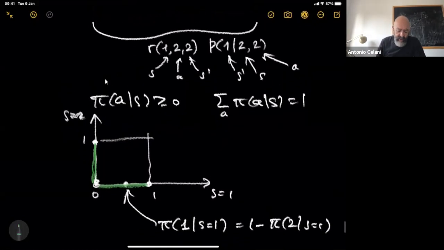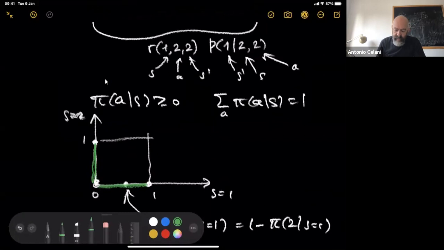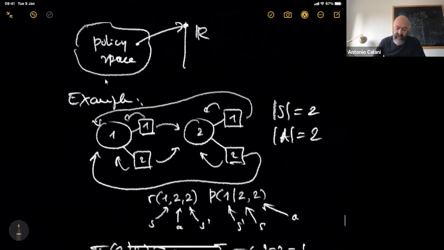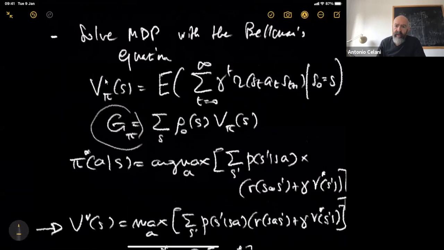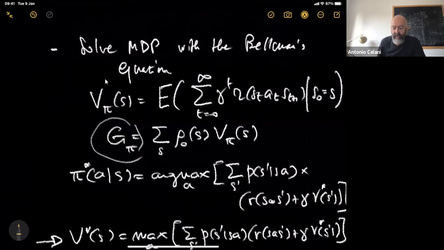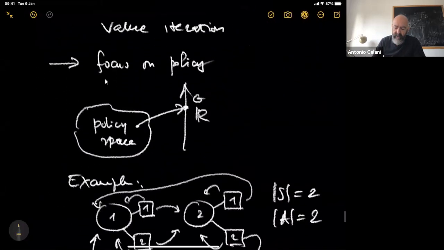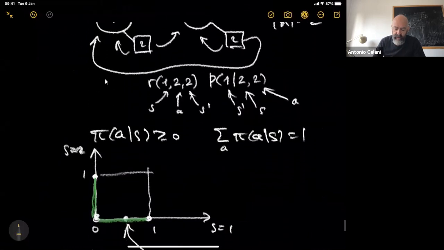So our G, our return, is a function on the square, because to every policy I can associate a numerical value of my goal. It also depends on the initial condition rho naught, but let's just forget about that. For any given rho naught, the initial distribution of states, I'm focusing on the dependence on the policy, because this is what I want to optimize over. Please stop me if there's anything that is not clear.